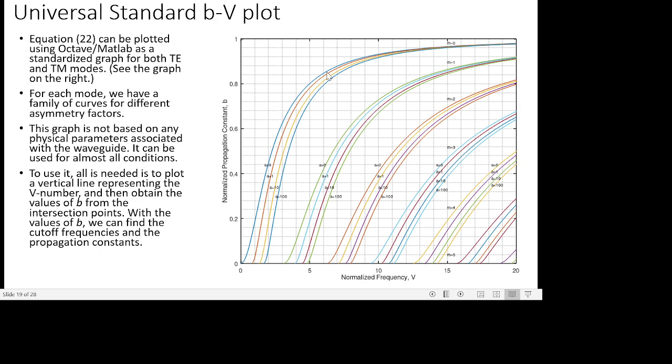And the next thing is to find the intersection points for b. With the value of b, we should be able to find the cutoff frequency and propagation constant, and also the permitted mode numbers.